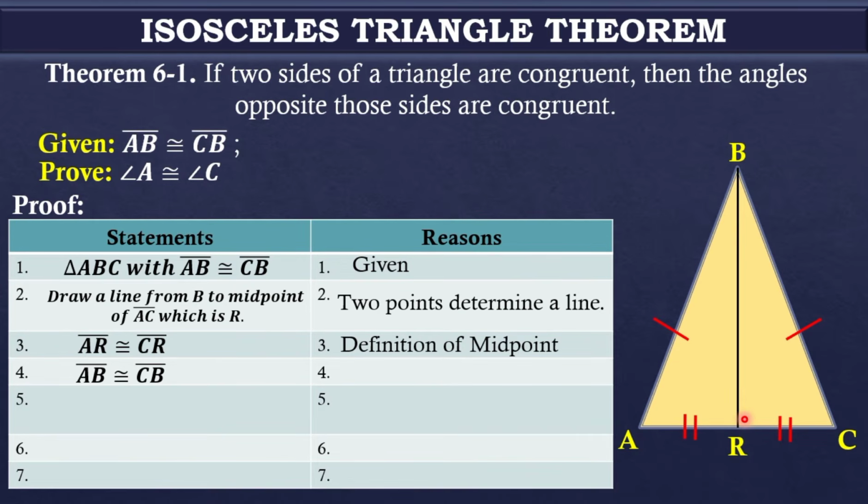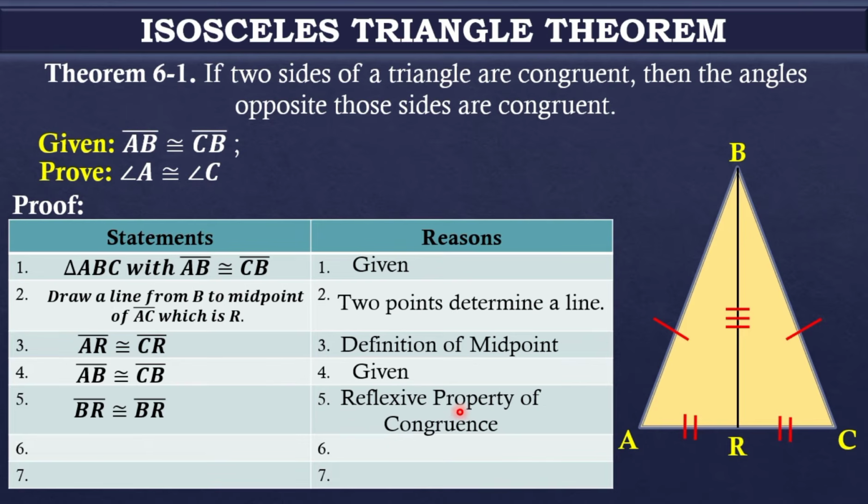But before that, let's have first AB is congruent to CB. That is given. Nilagay natin doon. And then, BR is congruent to BR. Okay, so we have reflexive property of congruence. So itong BR natin, since nag-share nga sila ng common side, ibig sabihin, BR is congruent to BR and that is reflexive property of congruence.